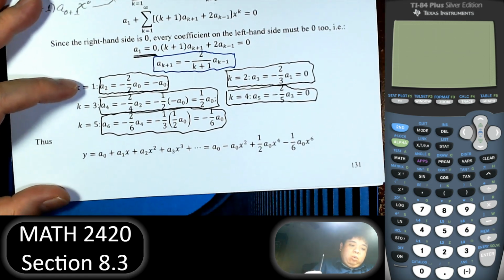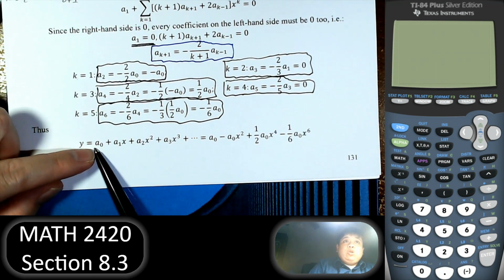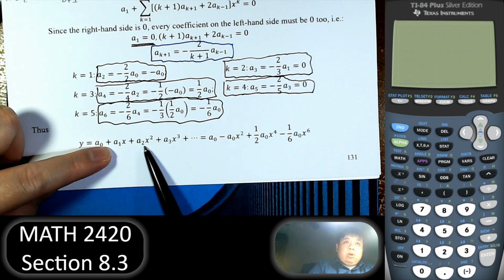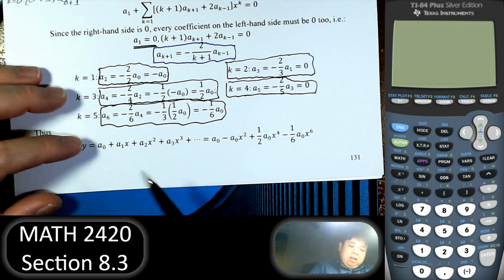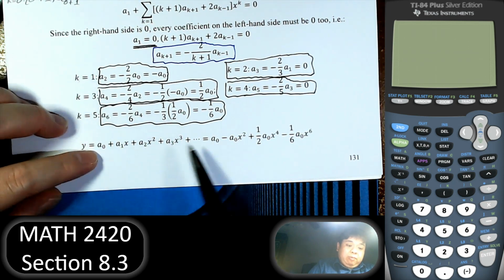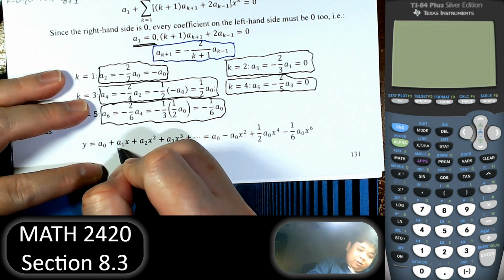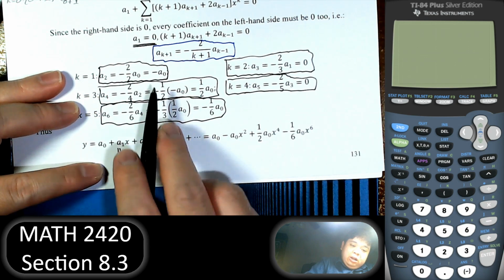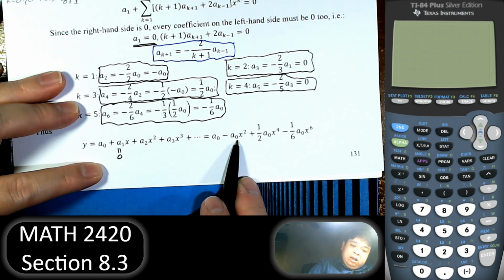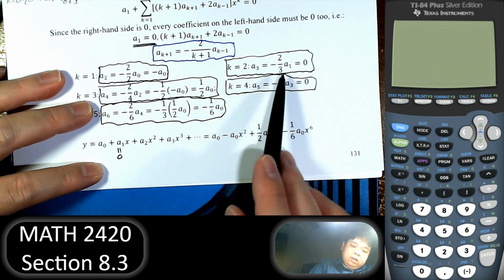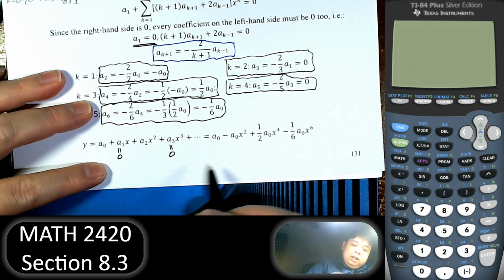Right, now with that, we have a naught, which we don't know, a1 times x plus a2 x squared, a3 x cubed, and so on. A naught we don't know, which is fine. A1 is equal to 0. A2 is negative a naught. A3 is 0, and then so on.